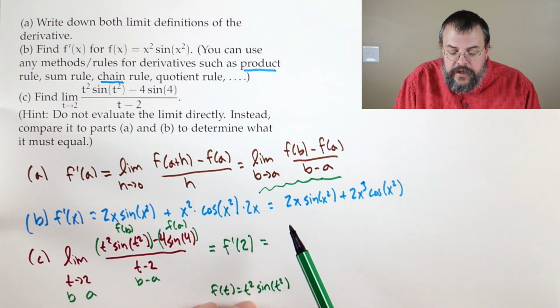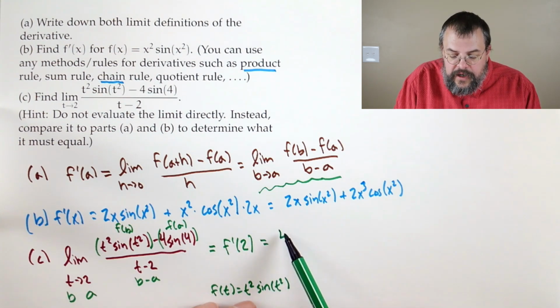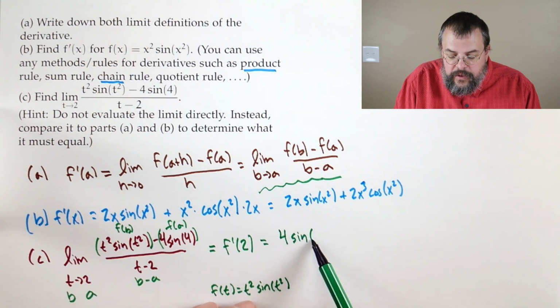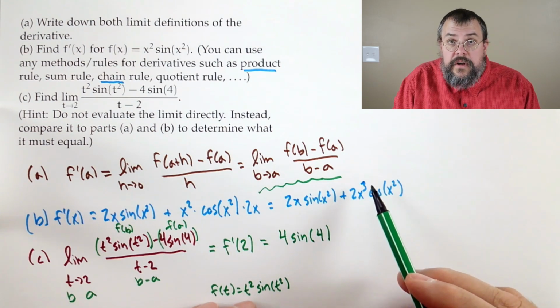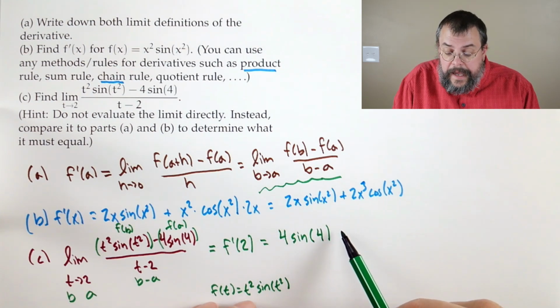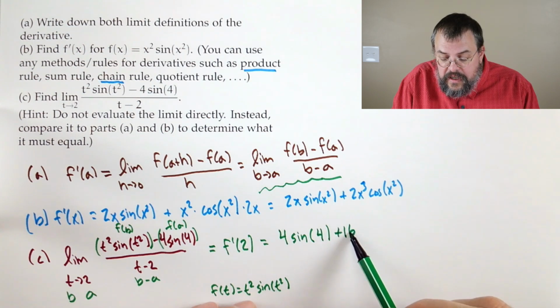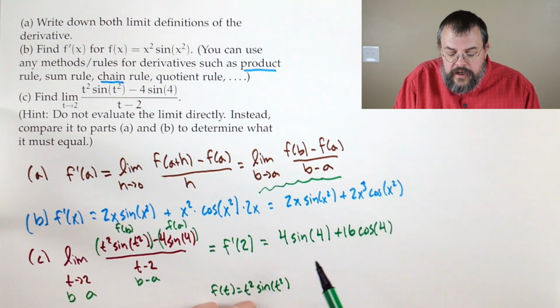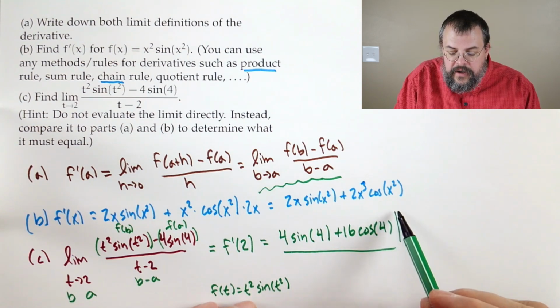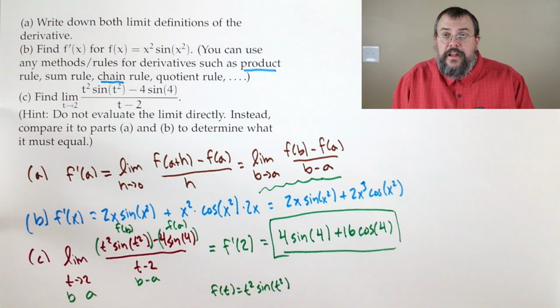So what do we get? We'll get 2 times 2, which is 4, sine of 2 squared. So that would be sine of 4. And then 2 times 2 cubed. So that would be 2 times 8, which is 16, and cosine of 2 squared, which is 4. And there you go. That's the limit.